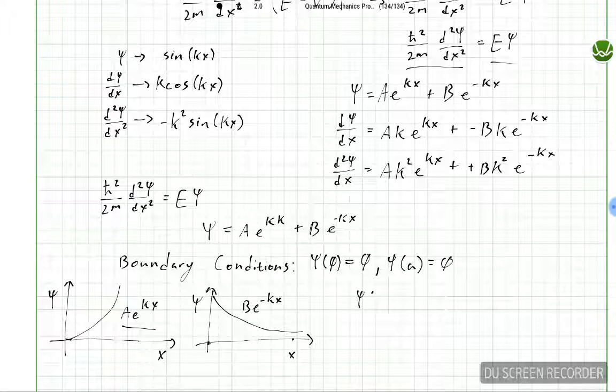So, meaning if I were to take psi of 0 equals 0 first, then I have a times e to the k times 0. So that would be k times 0. That's e to the 0. Plus b e to the negative k times 0.